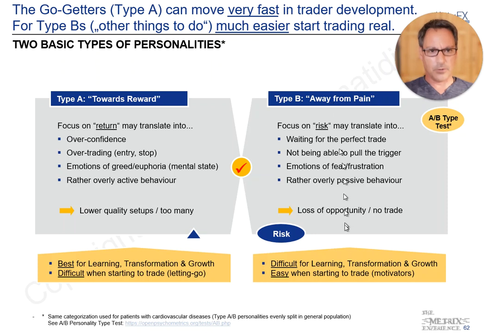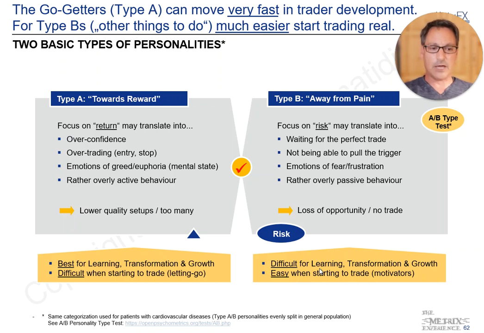Now, what are the pros and cons for Type Bs? Well, for Type Bs, the most difficult thing is actually to mature into a trader. It typically takes about a year or more. Well, it takes much more than Type A's, because they tend to have other things to do, and they deviate from their learning path.